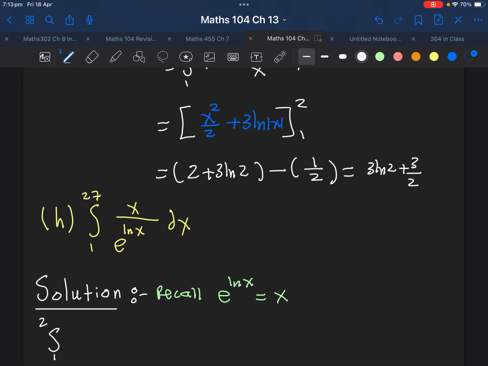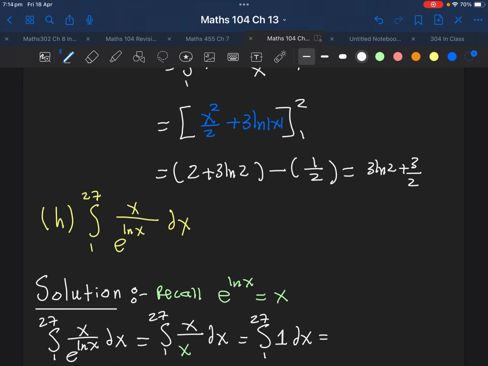So this integral will be from 1 to 27 of x over e^(ln x) dx, which will be the same from 1 to 27 of x over, as we just said, e and ln cancel each other, we get just x. Now x over x is just 1 dx.